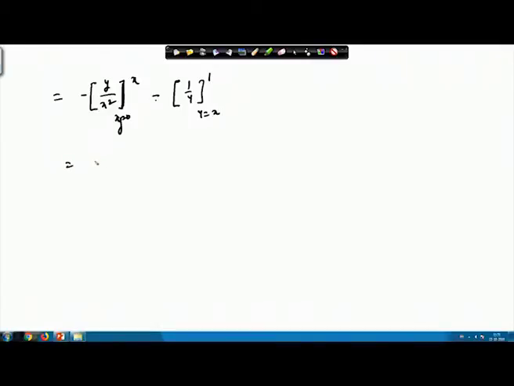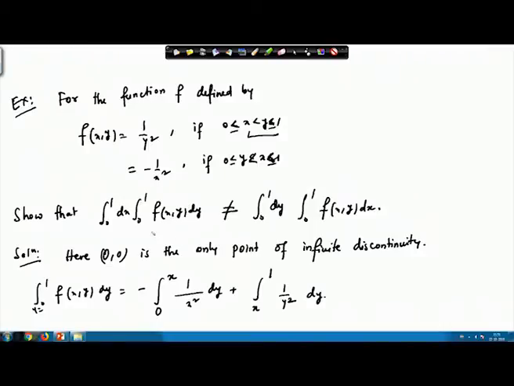So, if I substitute the value, then this will be minus 1 by x, and then minus minus becomes plus. So, y equals to 0 makes the whole thing 0, minus 1 by x, and then this will be minus 1. So, ultimately the value is minus 1.